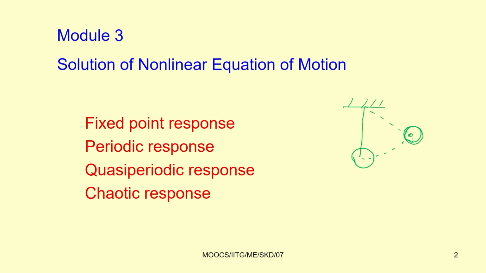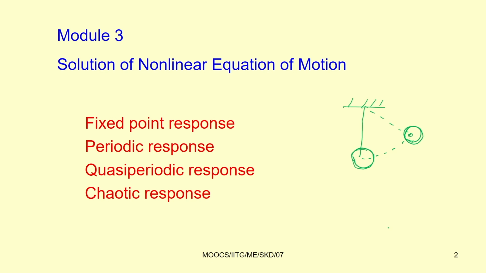Now when it is coming back due to this restoring force, at this position it has displacement equal to 0, but the velocity is maximum. The potential energy is 0, so the potential energy is converted to kinetic energy. The velocity is maximum here, but the displacement is 0.